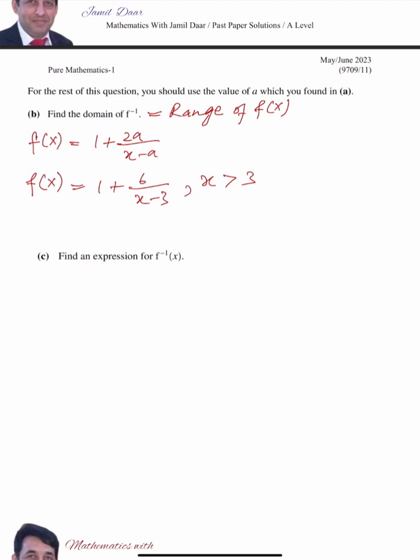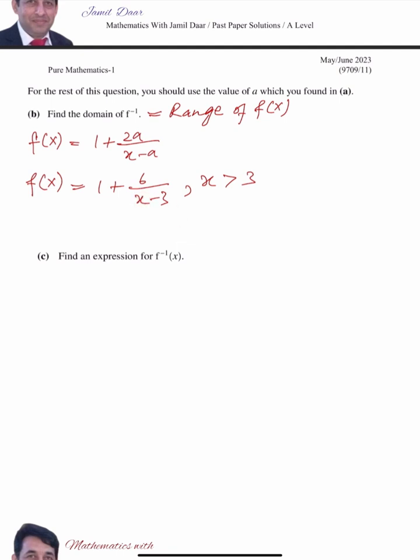So if x is greater than 3, this will become positive. And positive 6 divided by positive, as x is increasing, this fraction will start decreasing, because at 3 that will become undefined. So greater than 3, at 4, that's 6. And if this is 5, that will become 3. So it's reducing.